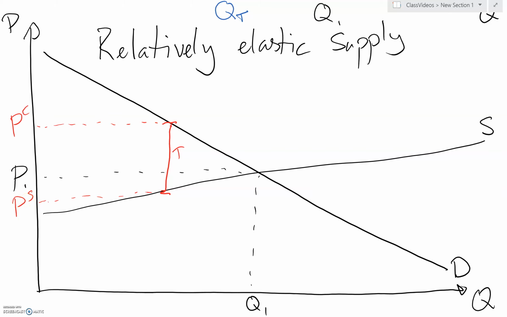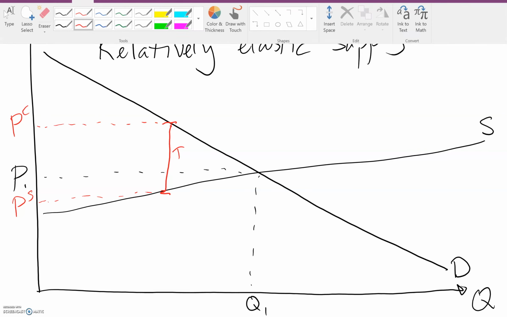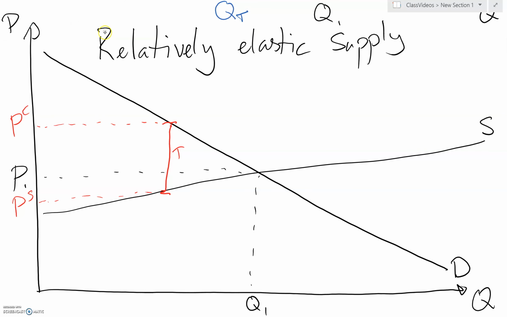Okay, now what we can see in this situation is that consumers have seen a very large increase in the amount of money they need to give up to get a good. But compared to this, sellers haven't seen that much of an adjustment in the price that they're receiving.